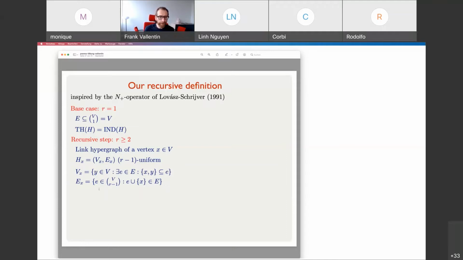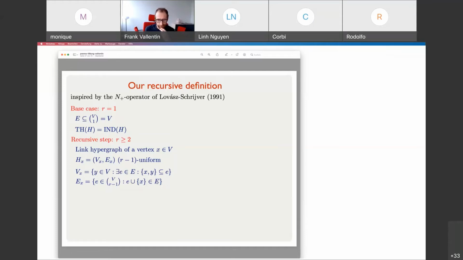And then the edge set will be all subsets of the vertices of size r-1 such that you can enlarge your edge by X and you become an edge in the original hypergraph.